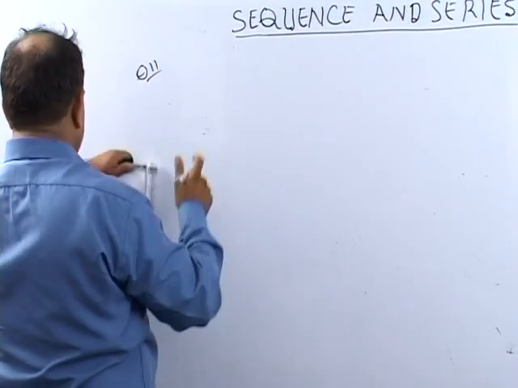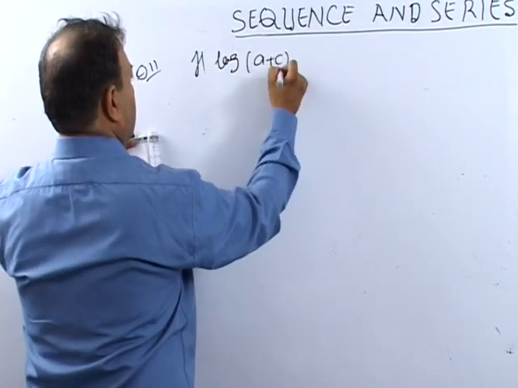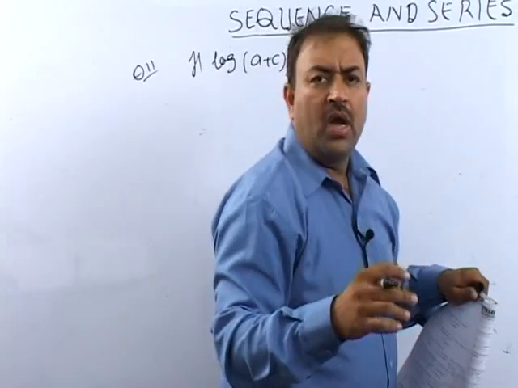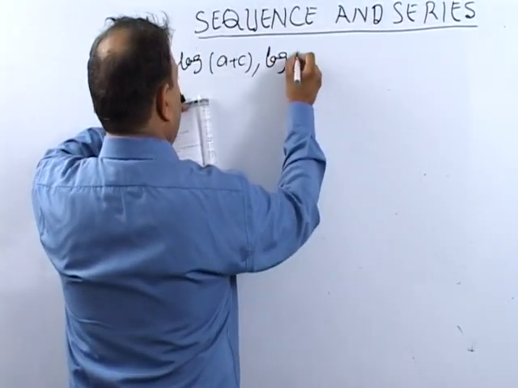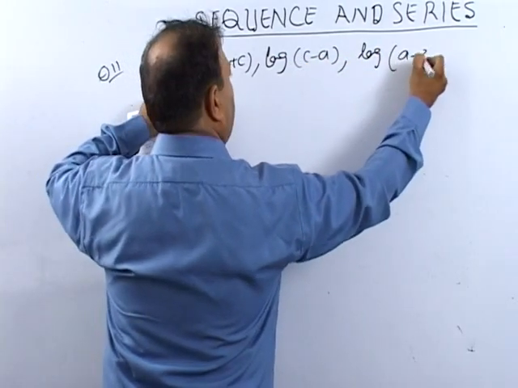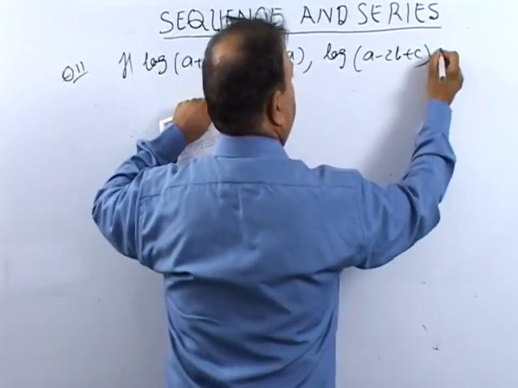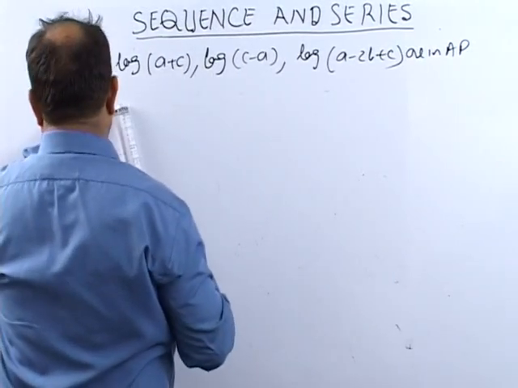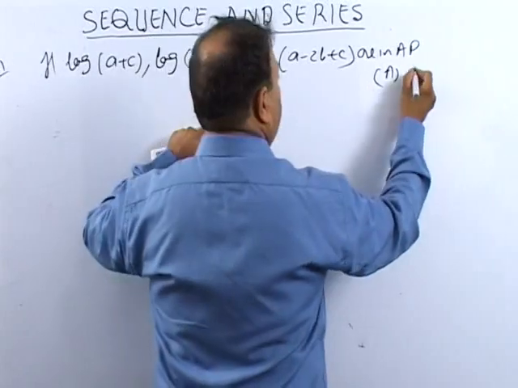The question is: if log of A plus C, log of C minus A, log of A minus 2B plus C are in AP, then which option holds? I have clubbed all the log questions together. Option A is A, B, C are in AP.